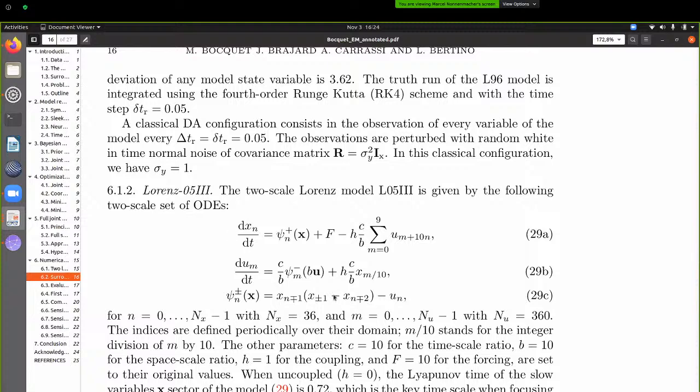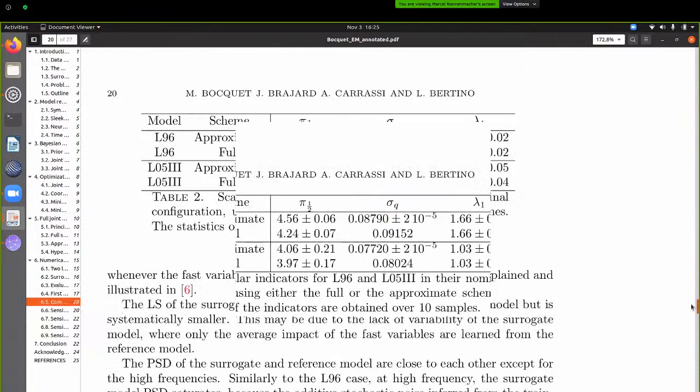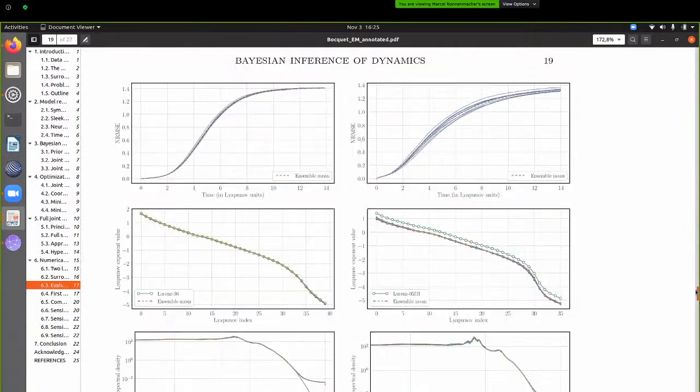What they do with this system, they use it in the way that it is often used: these unresolved variables, you don't give as training data to your algorithm, you just give the resolved ones. And what the unresolved variables do is they make the dynamics more complicated in a way that you then can no longer reconstruct just looking at the data that you have. So this is a case which is more applied, where you don't ever see all of the system states.